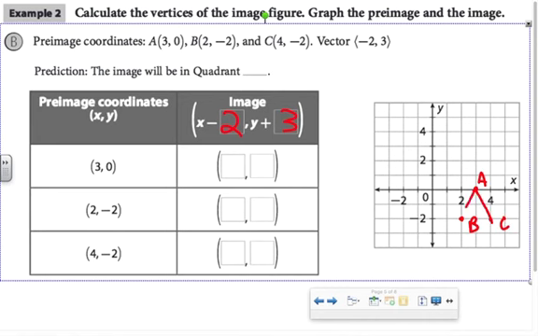So here's my original figure. And the component form of my vector says to move it to the left 2 spaces and up 3 spaces. So when I take this triangle and move it to the left 2 spaces and up 3, I predict that this image will be in quadrant 1.